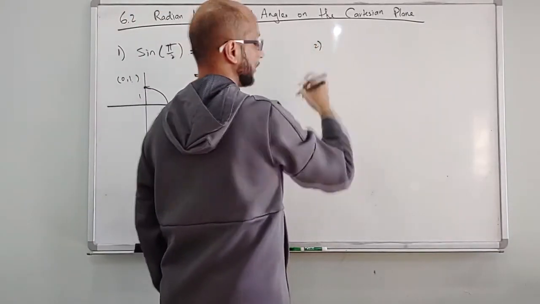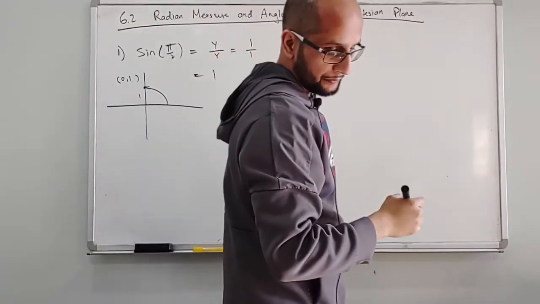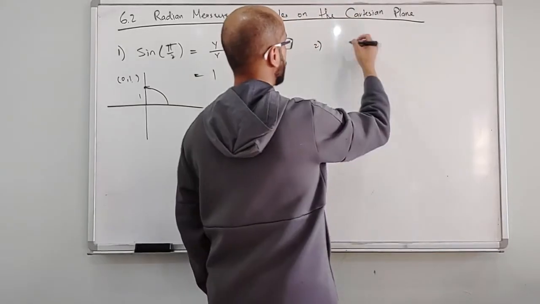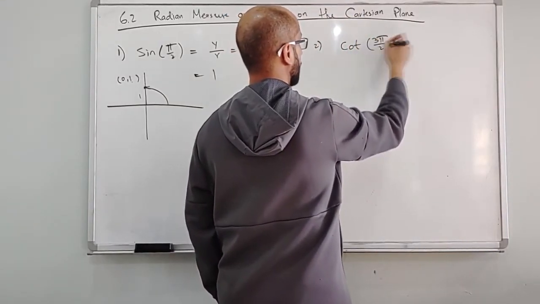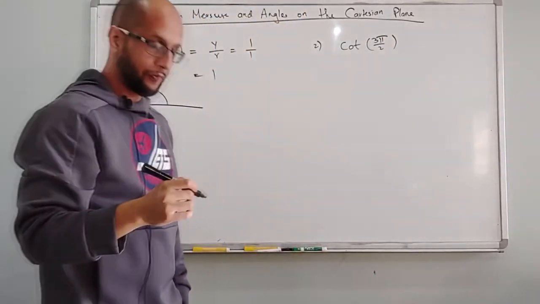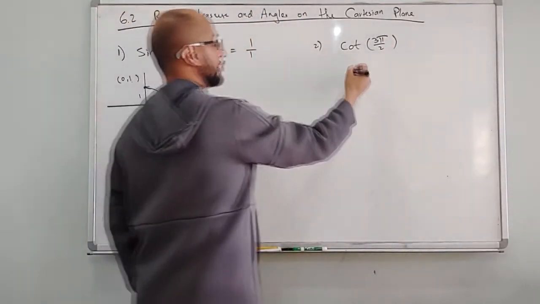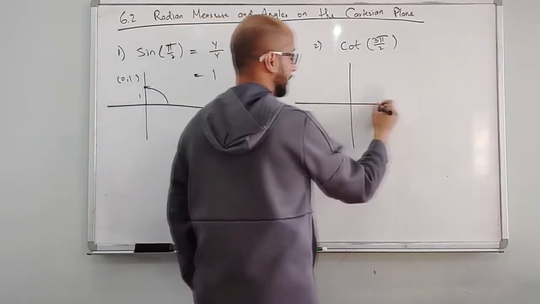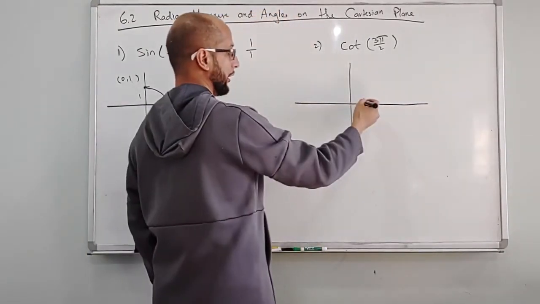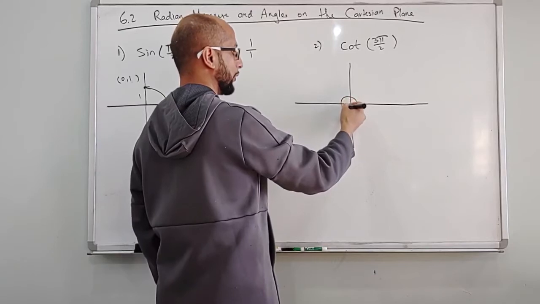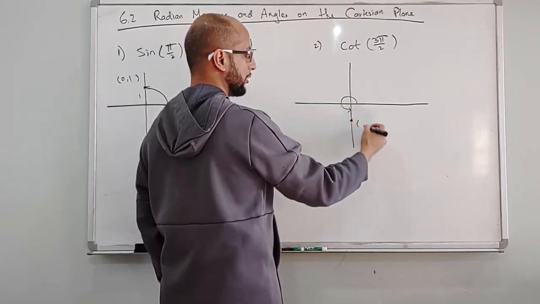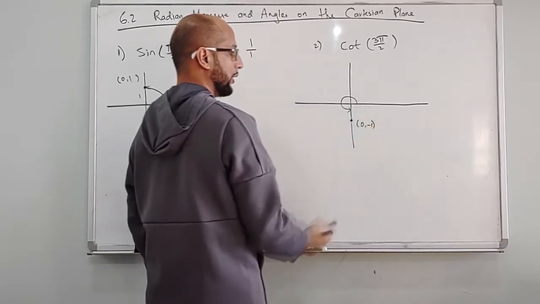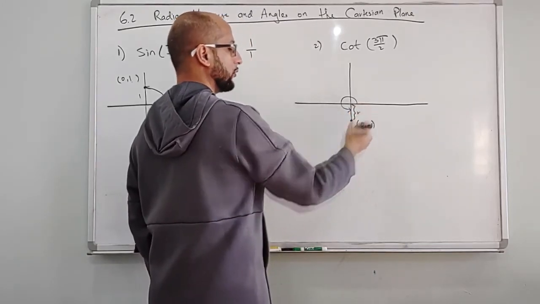Let's go to the second one, which is cotangent of 3 pi over 2. Again, if we were to take a graph of 3 pi over 2, it would be all the way around. It would be this line, and this point here would be (0, -1) with a radius of 1, right?